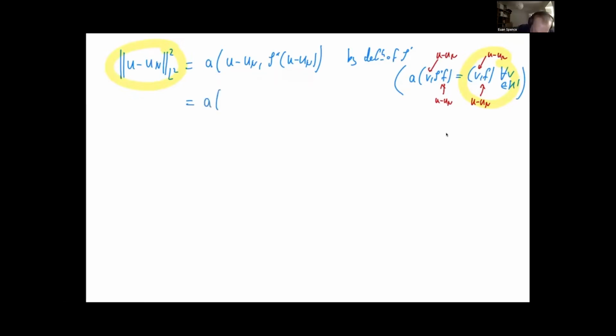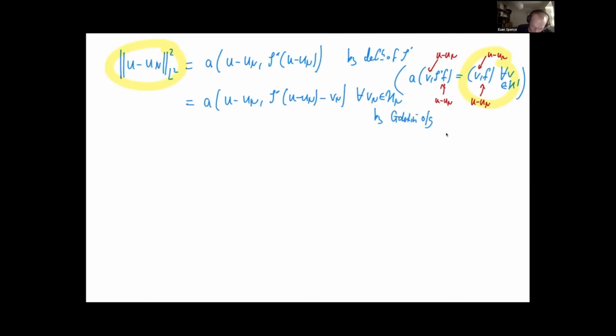So this is a(u minus un, S star (u minus un) minus vn) for any vn in this space Hn, by Galerkin orthogonality.